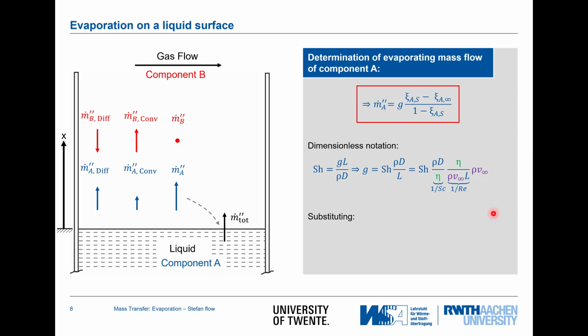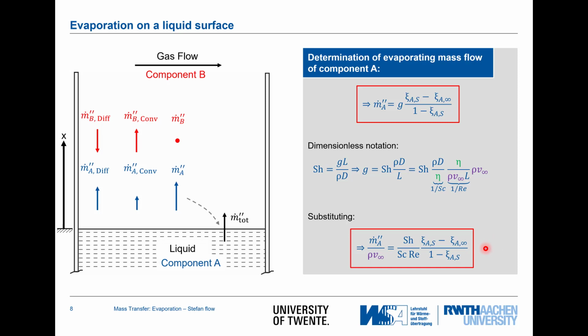So the entire non-dimensional formulation is m dot double prime divided by rho v infinity, and then you see here a grouping of non-dimensional numbers, Sherwood divided by Schmidt and Reynolds, times the driving potential times the Stefan factor.